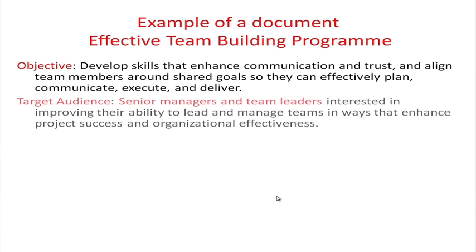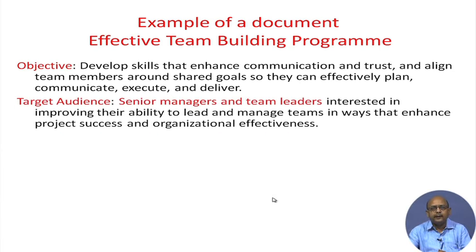With this objective we proceed further, and then we decide who is going to be the target audience. This program could be for team leaders or senior managers who are interested to improve their ability to lead and manage teams, so that it enhances their success and leads to better organizational performance. So, objectives are identified, very specific.